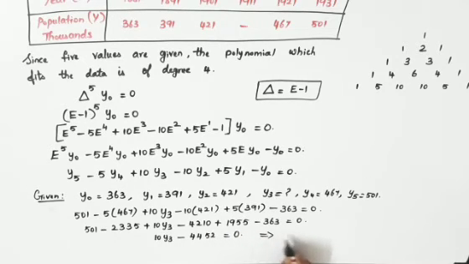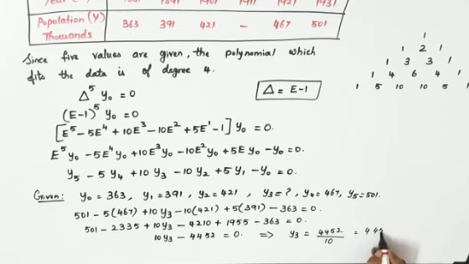That implies y3 is equal to, take this plus minus towards your right hand side, you will get it as 4452 divided by, this is a multiplication, bring it to the denominator as divided by 10. So the answer will be 4452 and decimal point 10 is there, so keep a point here. So that is 445.2 and in thousands you will have to give your answer.